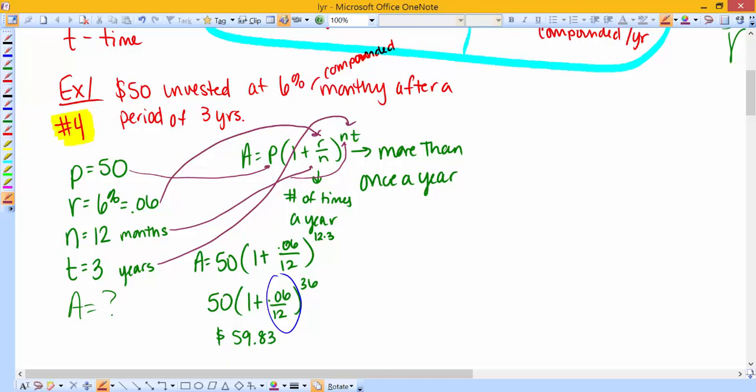So I have 50 times 1 plus, then the rate is 0.06 over 12 times a year, and then it's 12 times a year for 3 years. So 12 times 3 gives me the 36. Now, in my calculator, I would do 0.06 divided by 12, hit equals, and then I would add 1.